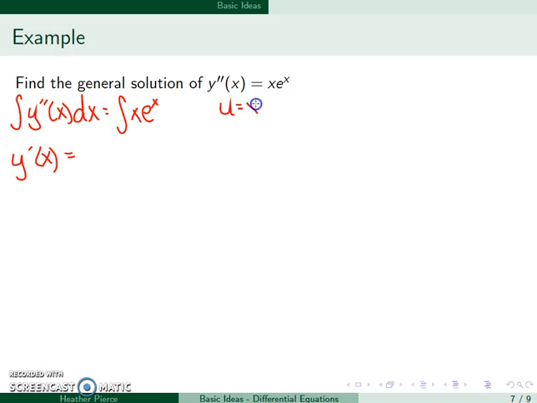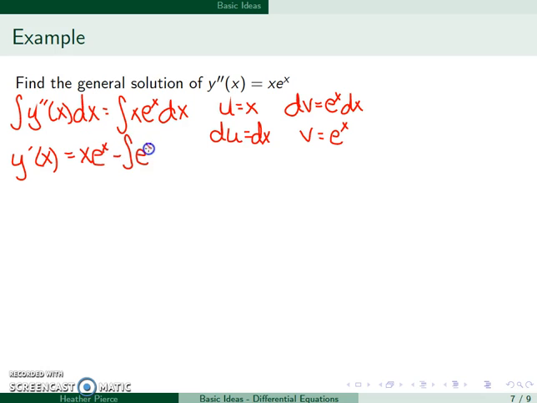So I'll let u be equal to x, and dv equal to e to the x dx. This means du is equal to dx, and v is e to the x. So I have u times v minus the integral of v du. So y prime of x is equal to x e to the x minus e to the x plus c.